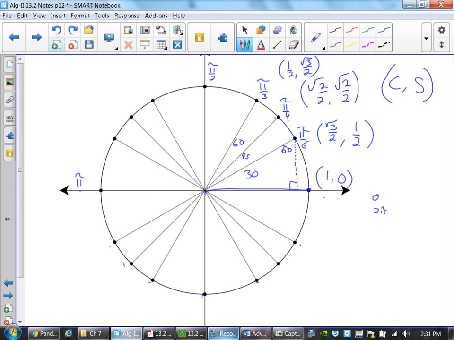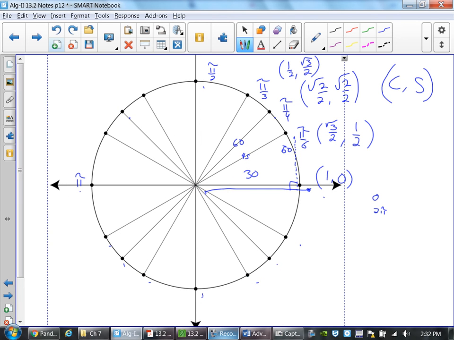So therefore, what's the cosine value of 0? 1. Go up to pi over 2. What's your ordered pair? If this is 1, 0, what's my ordered pair up there? 0, 1. Very good.